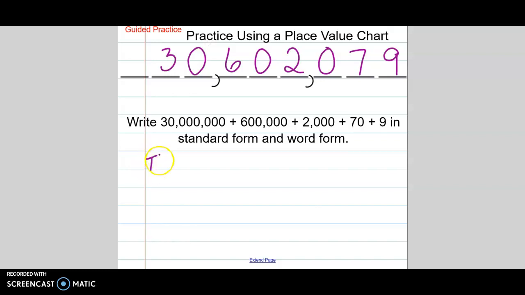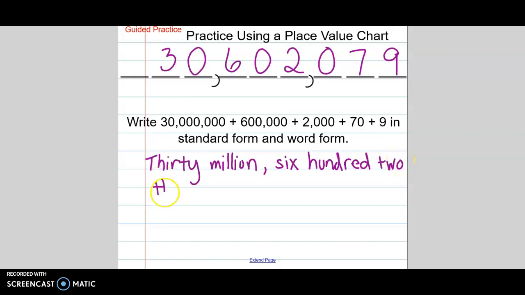So I would write out the whole thing. 30 million, 600, 2,000, 79.